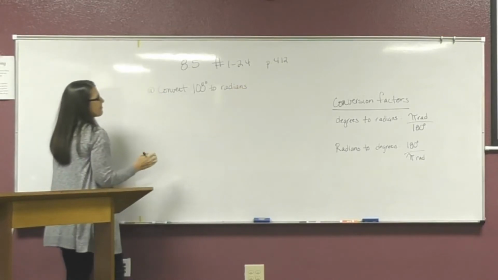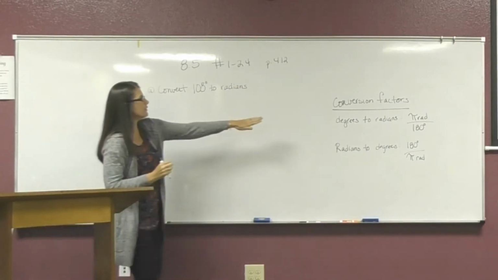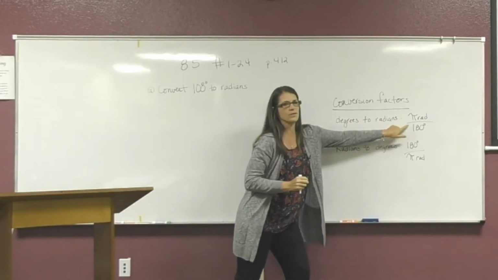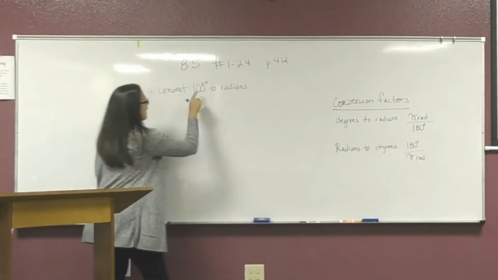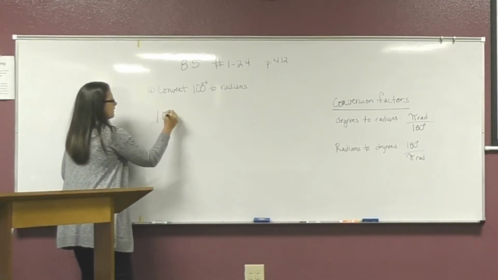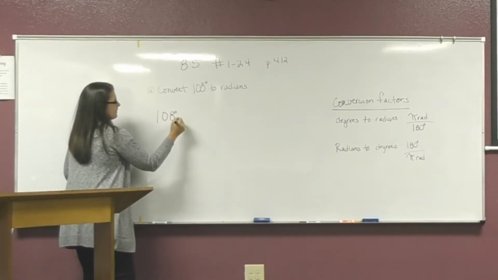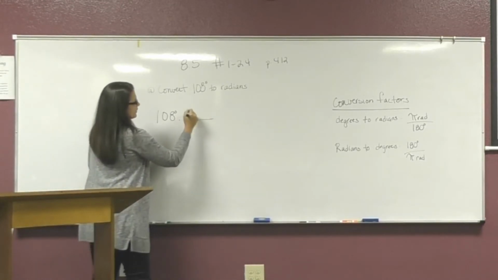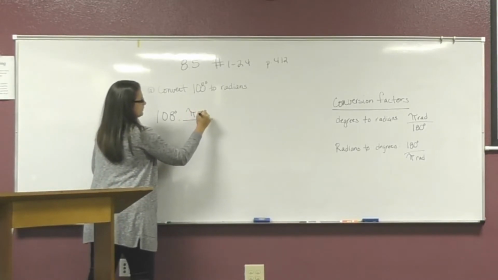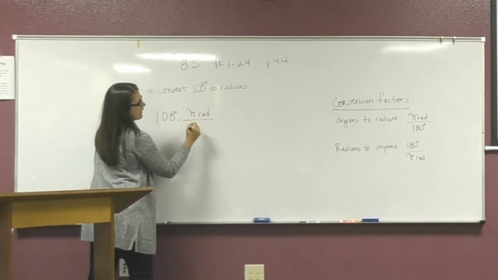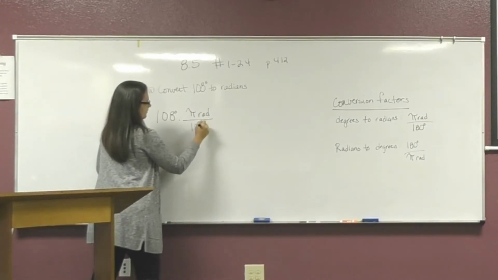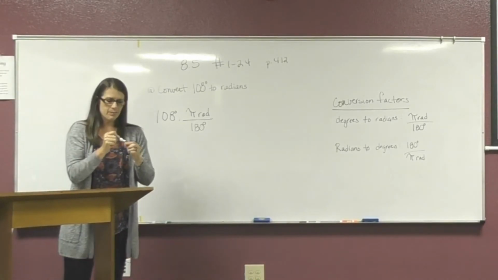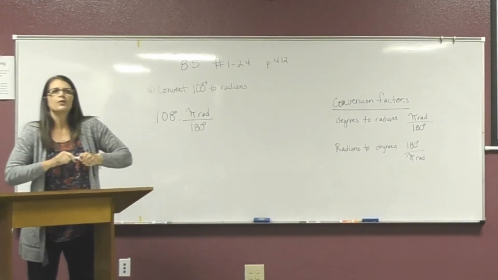All right? So I'm going from degrees to radians. That means I'm going to use this one right here. So I'm going to take 108 degrees times pi over 180.